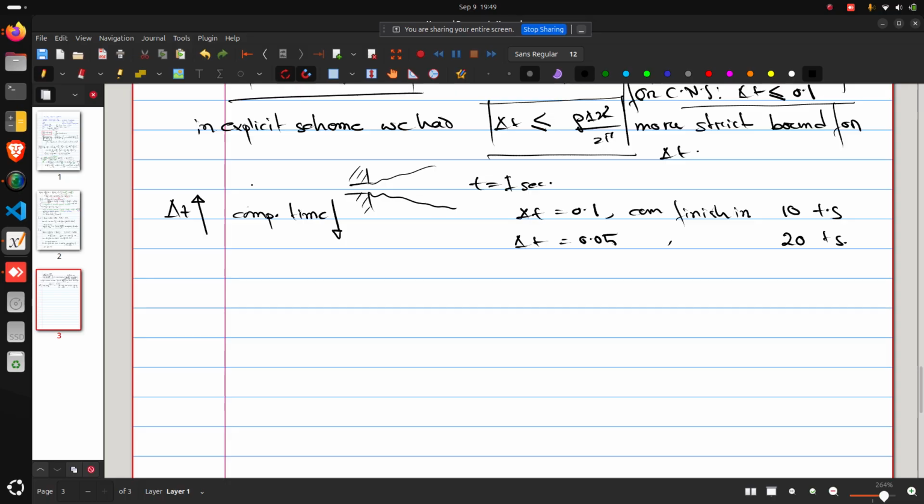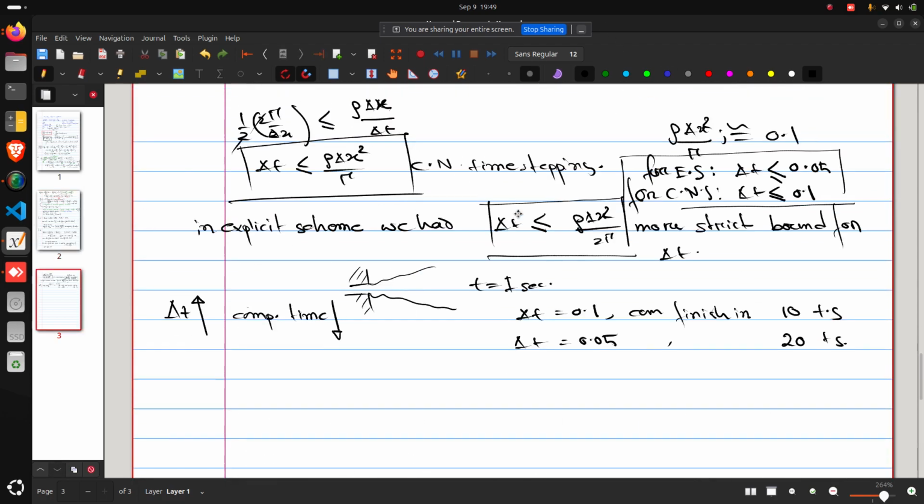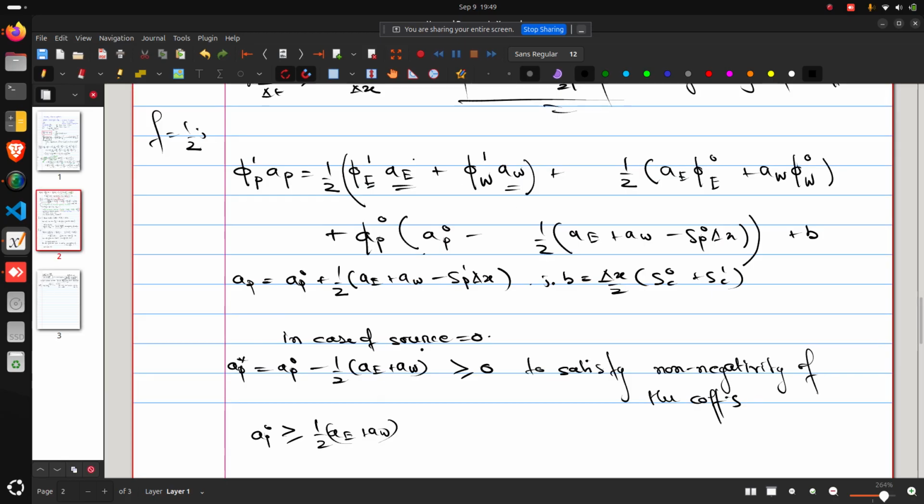less computational effort. Because in the case of a Crank-Nicolson scheme, we will have these unknowns, right? These are all unknowns, and on the other hand these will be known values.